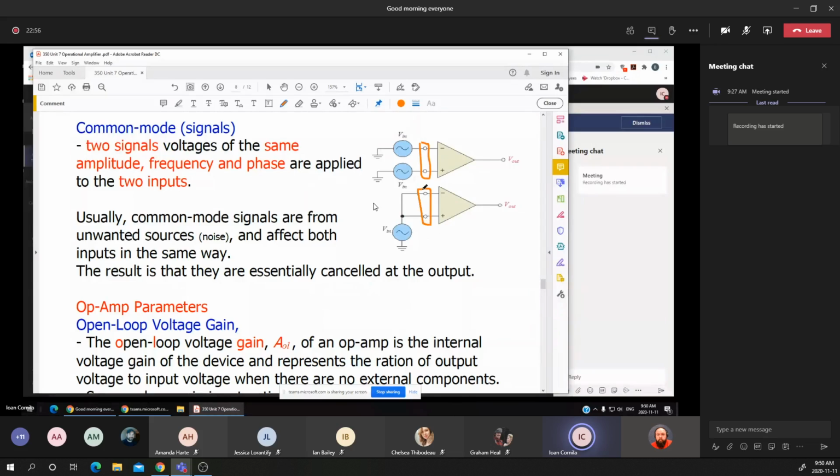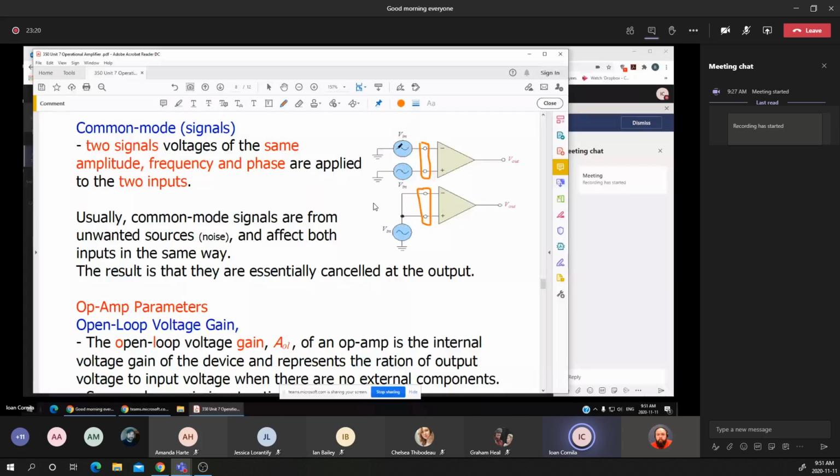Now the question is, what is the output voltage if I'm applying the same voltage on both inputs? Think about what an op amp does. It amplifies the difference between the two input voltages, but the two input voltages have the same magnitude and the same phase.